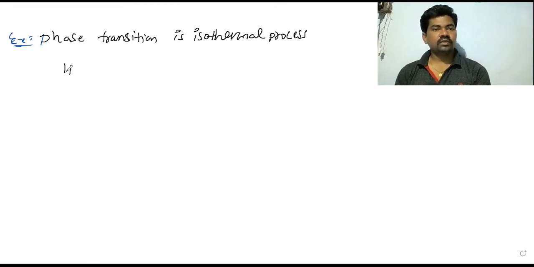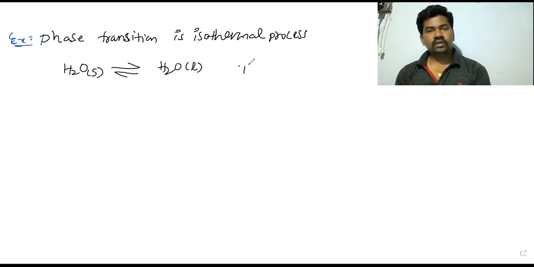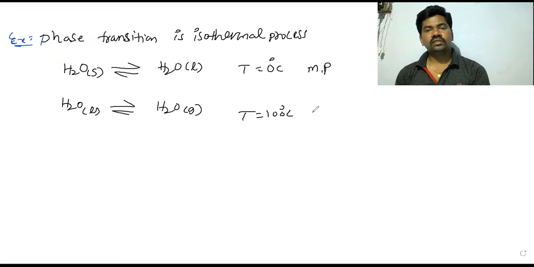It means H2O solid is in equilibrium with H2O liquid. Here the temperature is 0 degrees Celsius, which is the melting point. Then H2O liquid is in equilibrium with H2O gas. Here the temperature is 100 degrees Celsius, and it is the boiling point.